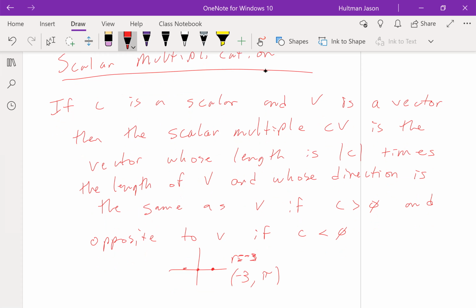Well, you go 180 degrees over here, and it's 3 units out, but then you point it in the opposite direction. It's the same thing with a negative times a scalar. Polar coordinates are like vectors. They behave like vectors. We're actually going to be doing a lot with polar coordinates.